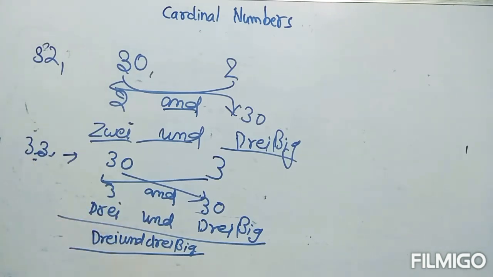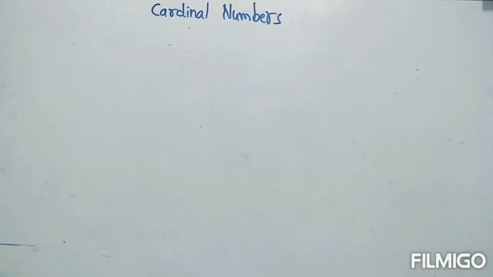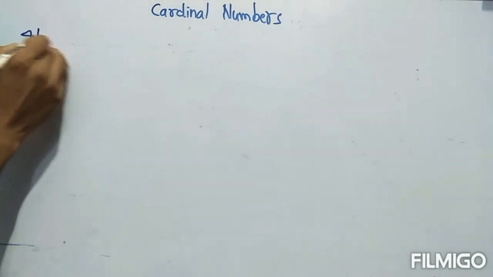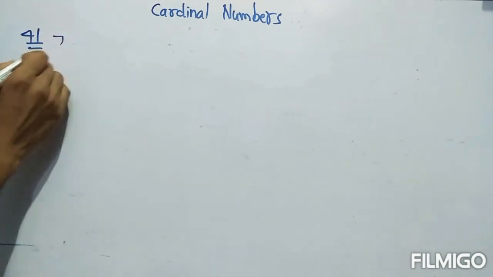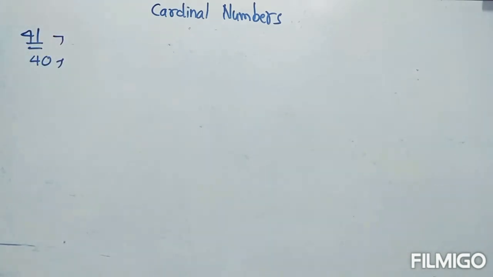Okay, next one is 41. We know that 40 in German is vierzig.